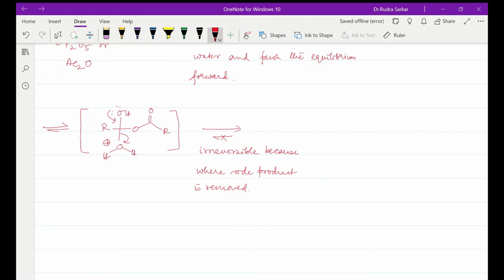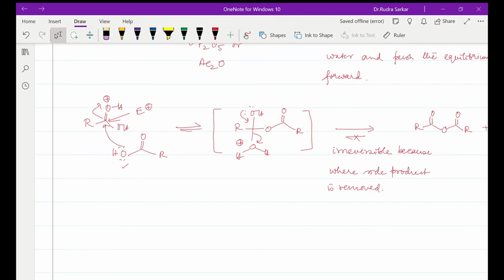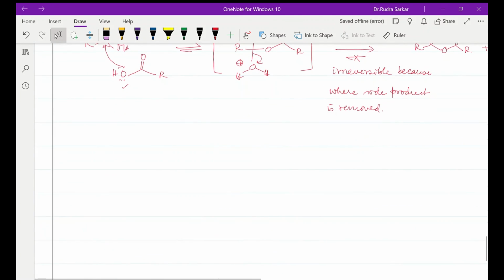Okay, that is how we are taking the reaction forward, and so eventually we are going to get over here our anhydride.